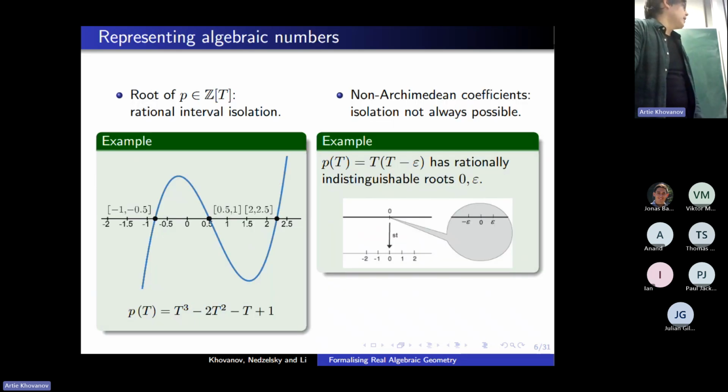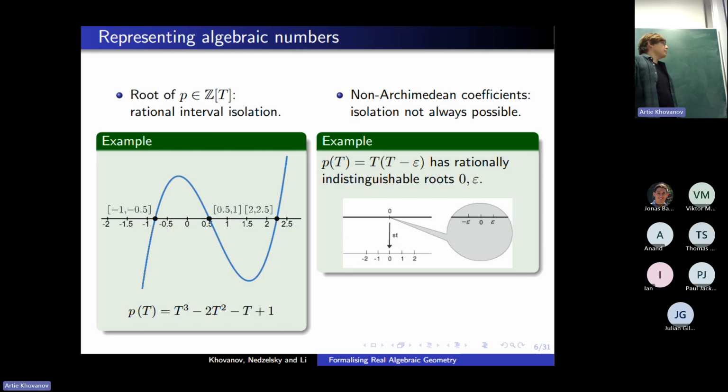However, putting infinitesimals into the picture causes a new issue. When we're computing with algebraic numbers, we want to be able to represent them. So if we're just working with non-infinitesimal elements, say we're working over the rationals and I have this polynomial, t cubed minus 2t squared minus t plus 1, then I can specify a root of this polynomial by specifying the polynomial, which has finitely many roots, and specifying a little interval around my root that is disjoint from little intervals around the other roots.